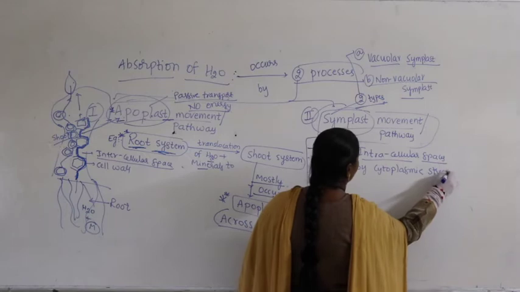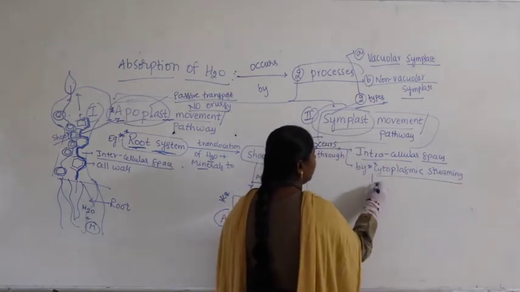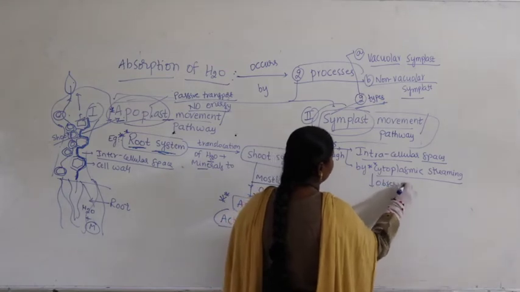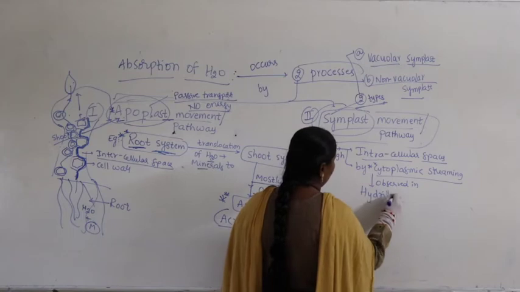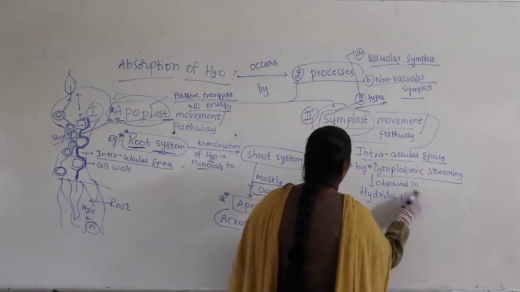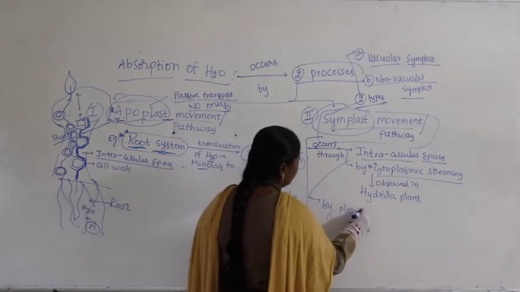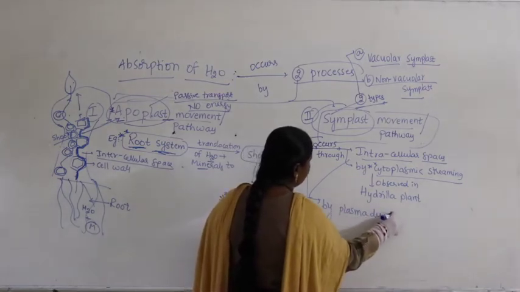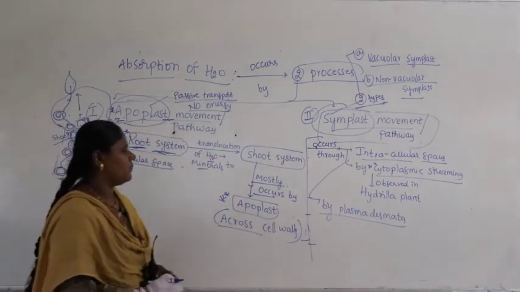Cytoplasmic streaming was first observed in the Hydrilla plant. It also occurs by plasmodesmata.